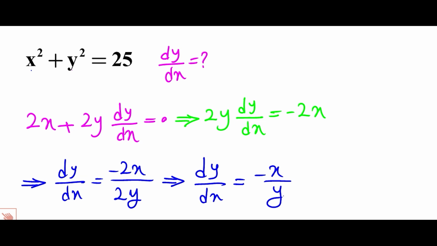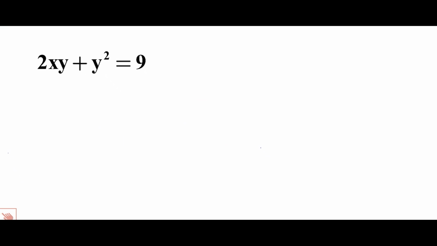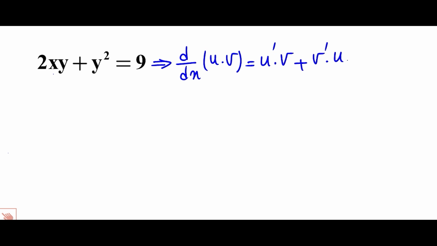Let's solve another example: 2xy plus y squared equals 9. Step 1: differentiate both sides with respect to x. For 2xy, since x and y are multiplied, we must use the product rule. The product rule says the derivative of u times v is u prime times v plus v prime times u.